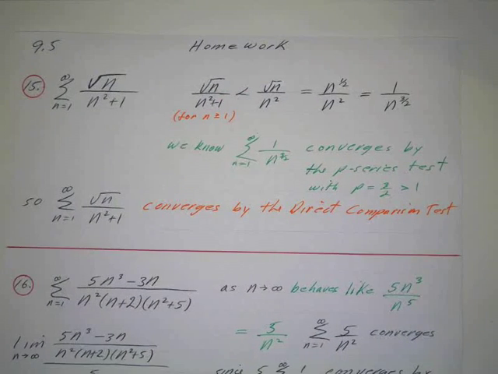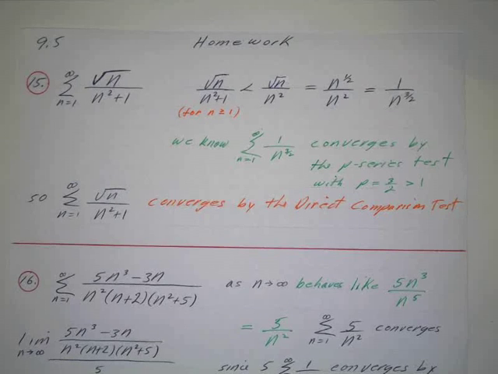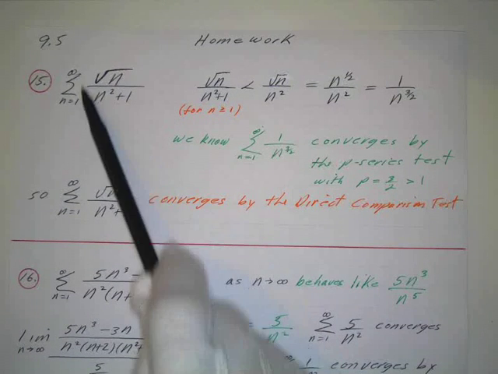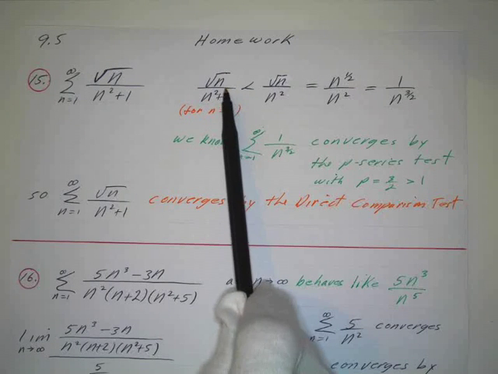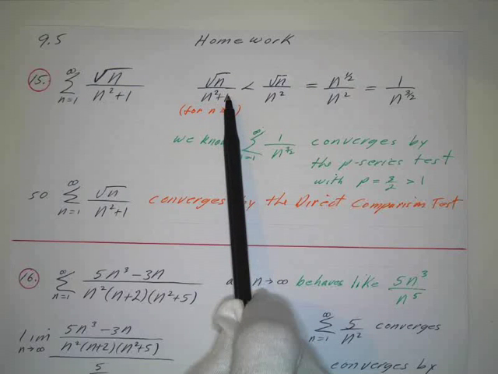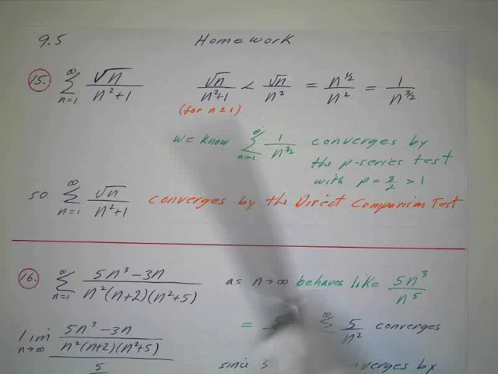And again, when I see a fraction like this, I know that this fraction will be less than this fraction, because if I make the denominator smaller, that will make the fraction larger. So if I subtract 1 from the denominator, that's going to make it smaller, which will make the fraction bigger.